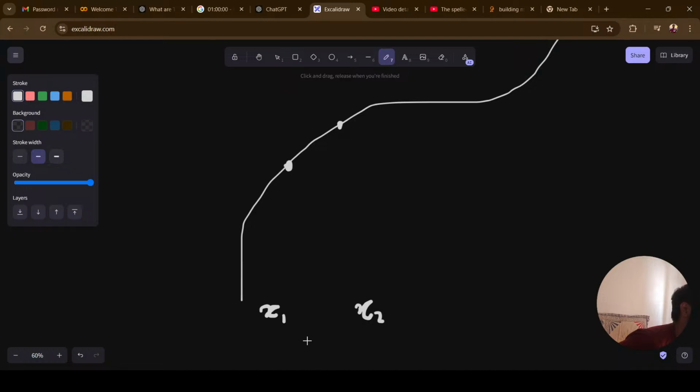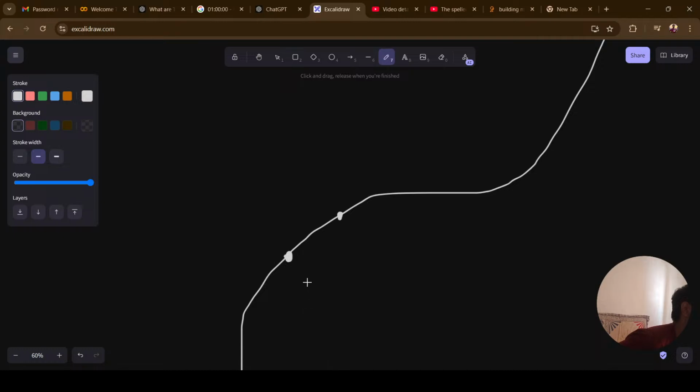And the difference between them is 1. So if we travel this 1 meter, by how much height has the hill increased?